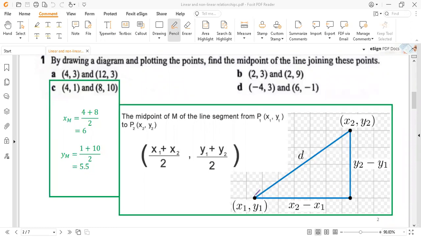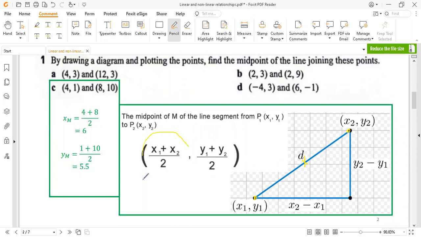Okay, for example, this point and this point. We have coordinates x1, y1 for the first point and x2, y2 for the second point. How to find the midpoint of this line? Normally, the midpoint of this line is a point, so we want to find its coordinates, abscissa and ordinate.